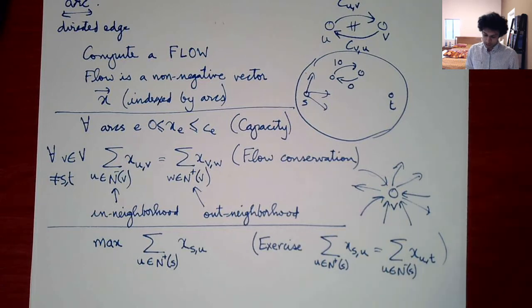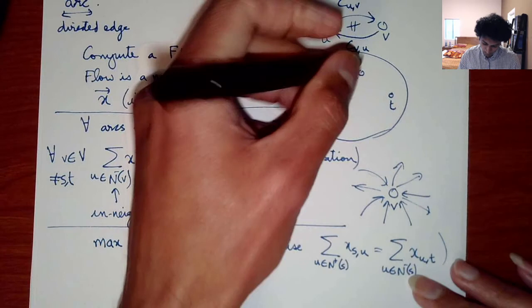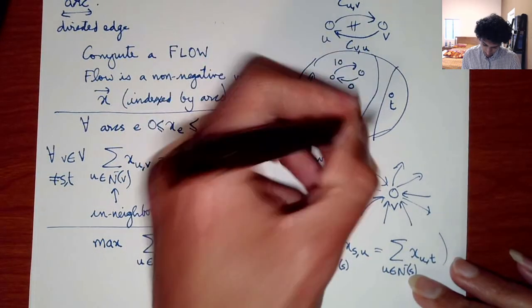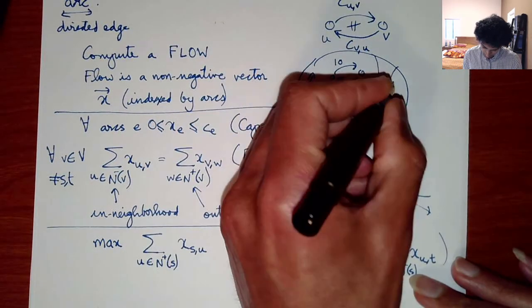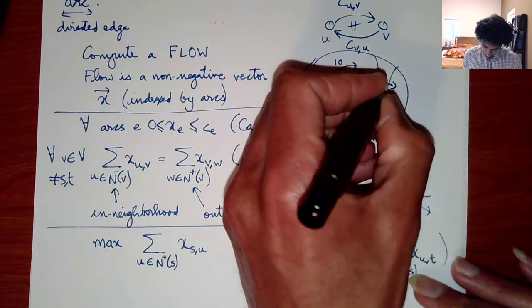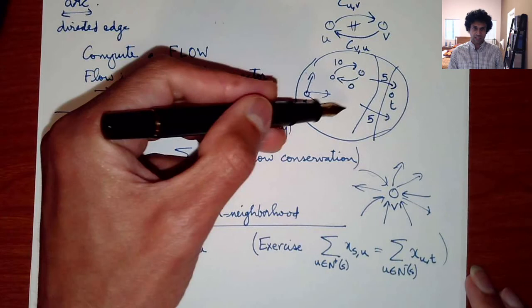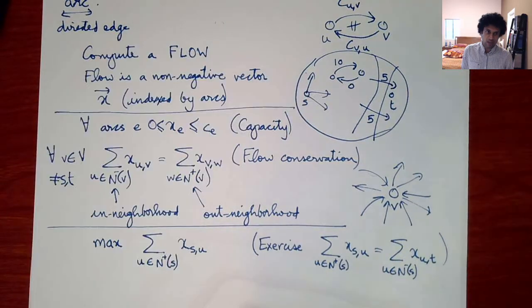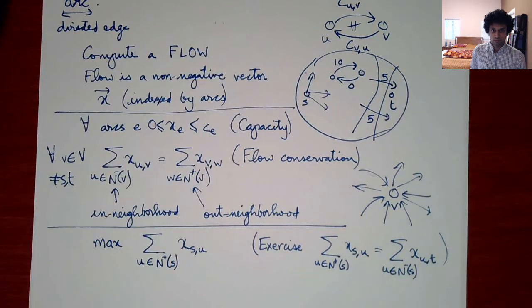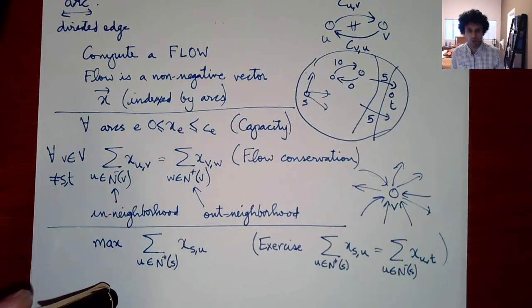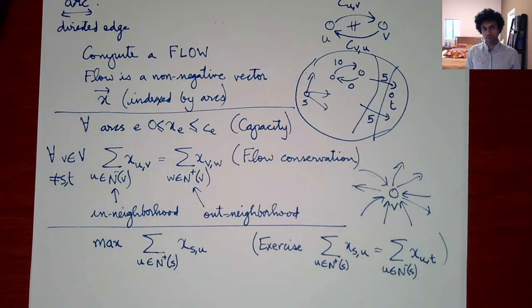So for example, if your graph had some kind of a bottleneck, like let's say over here, the capacity here was 5 and 5. Then no matter what you did on this side, you can only send 10 units of flow. And so what we want to do is compute what that maximum flow is going to be. Does that make sense?